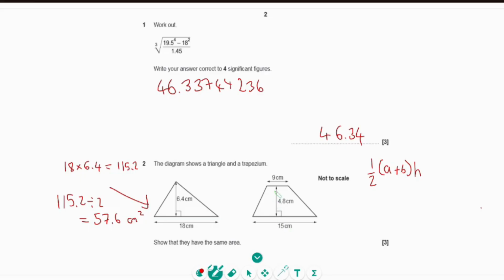So I'm going to add these parallel lengths first, then times by the height, 115.2, and then I'm going to divide the answer by 2, which is 57.6. So I've shown here they do have the same area.